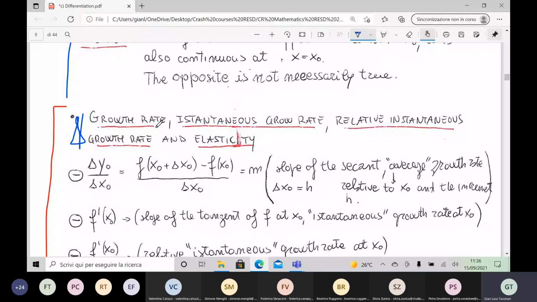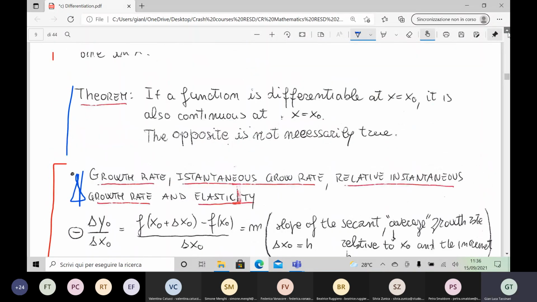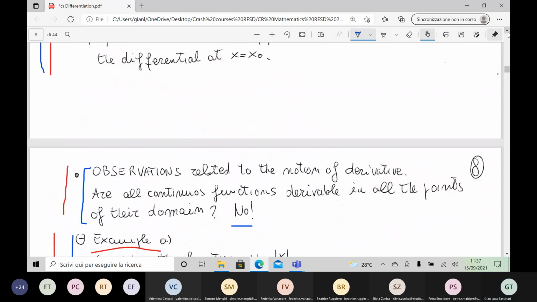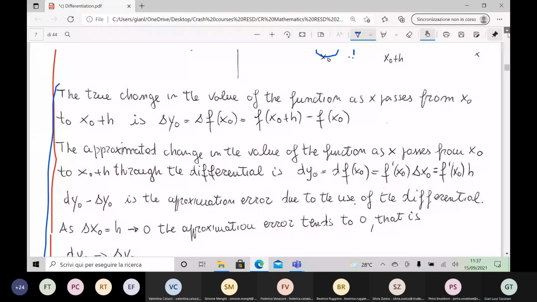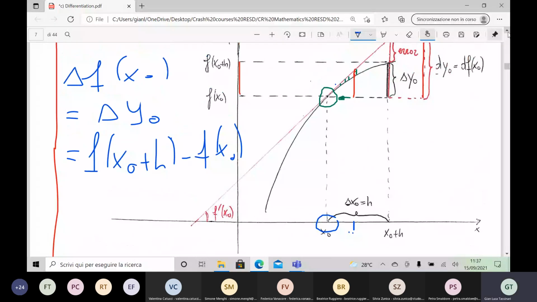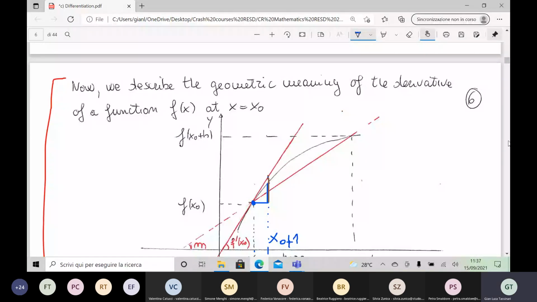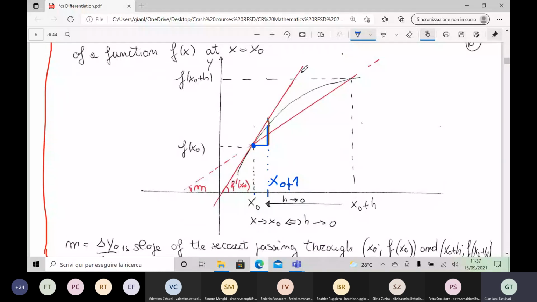Let me go back for a moment. Remember, go to page 6. Here at page 6, I used this picture to explain the meaning of the slope as instantaneous growth rate.